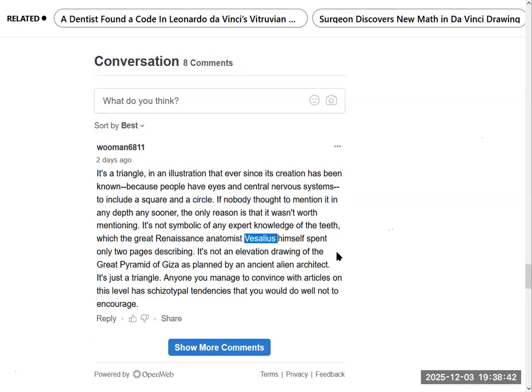It is not an elevation drawing of the Great Pyramid of Giza as planned by an ancient alien architect. It's just a triangle. Anyone you manage to convince with articles on this level of pseudo-tendencies, you would do well not to encourage. So this person here is criticizing it and thinking it's a bit ridiculous.